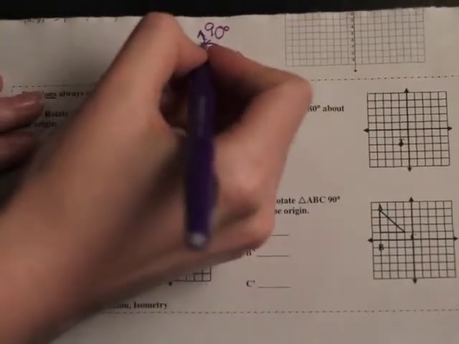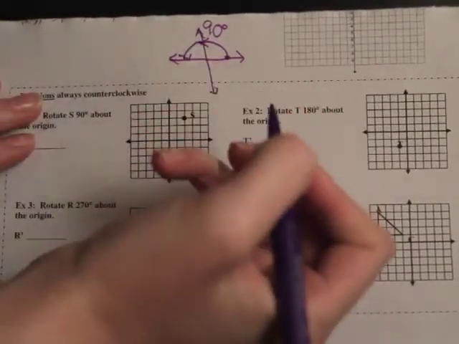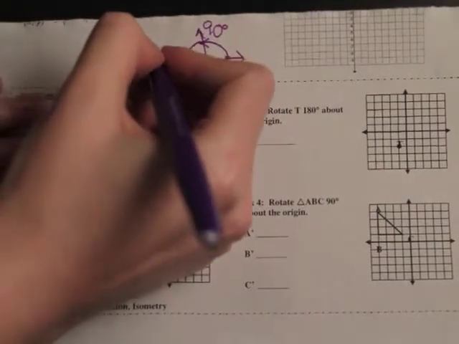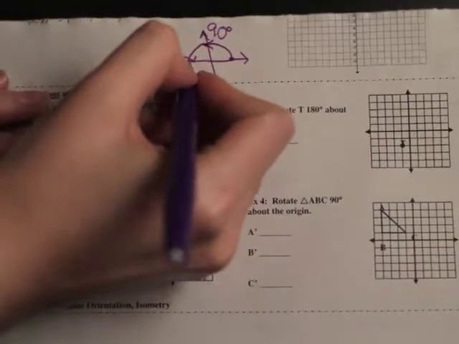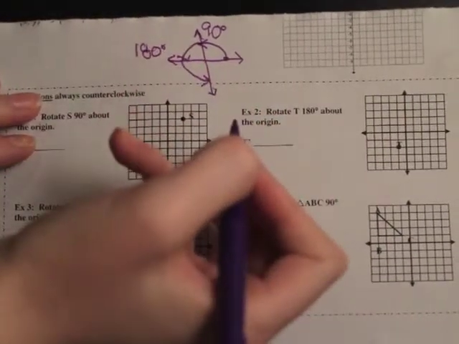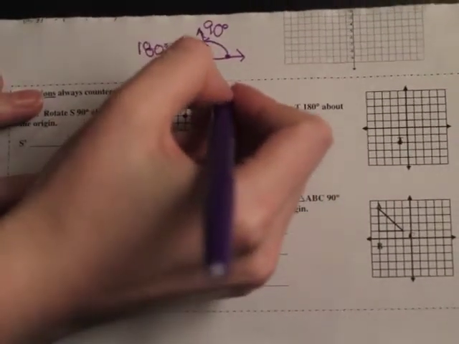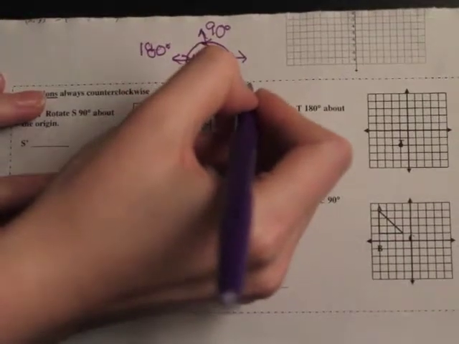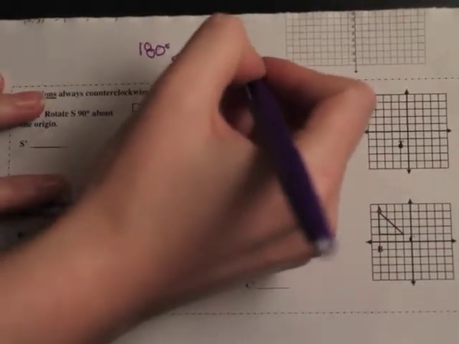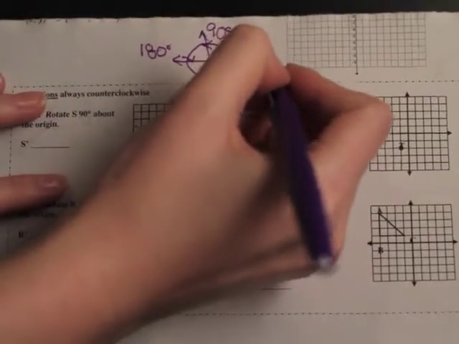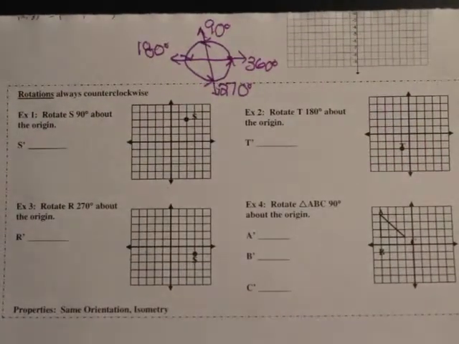When I go from this point back down to this straight line, you guys know that's 180. As I go back down to the bottom, 180 plus another 90 makes 270. And then a full circle, 360 degrees. Okay? So now that we've gotten that out of the way, we can get into the notes.